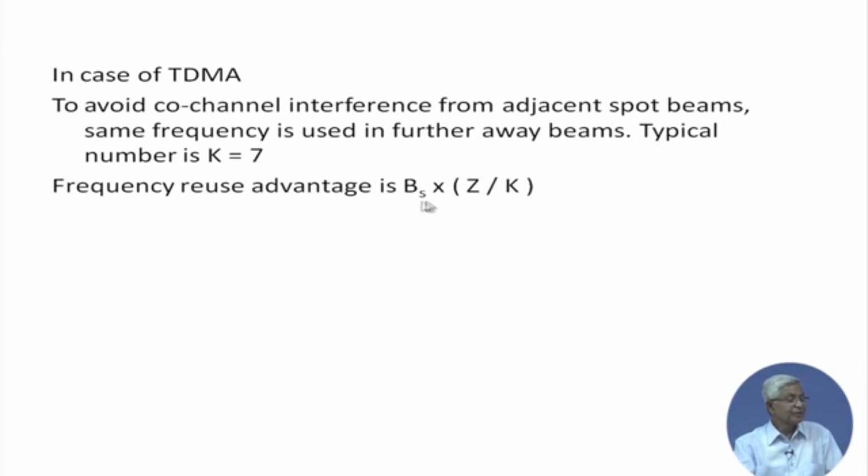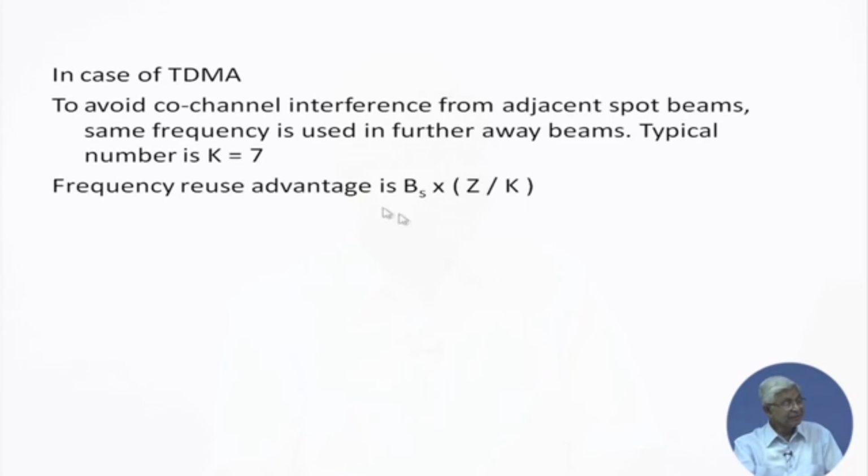So the frequency reuse advantage: BS is used Z by K times. That is, the virtual bandwidth is increased by Z by K times BS. If it was one single spot beam, then only bandwidth BS could have been used. Now, since we have reused the frequency, Z by K times the BS is used, quite a good advantage.